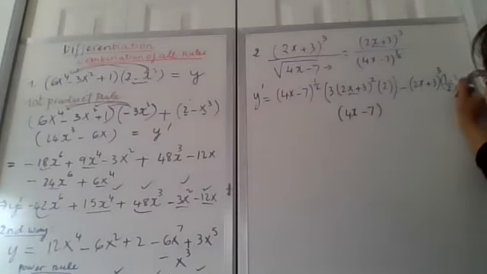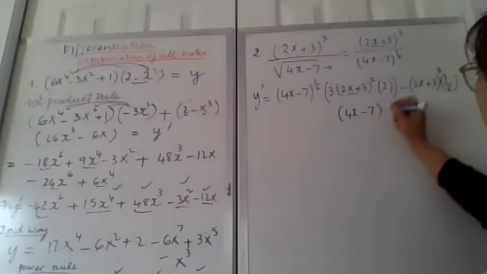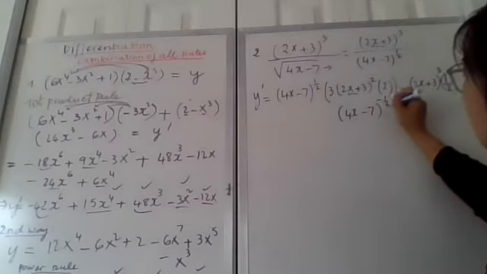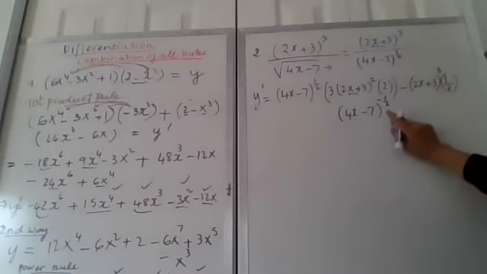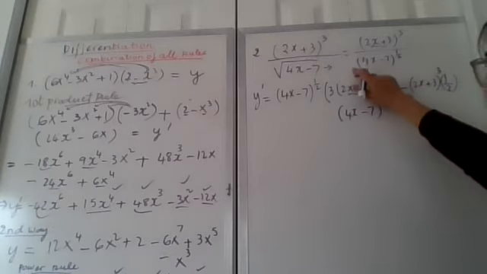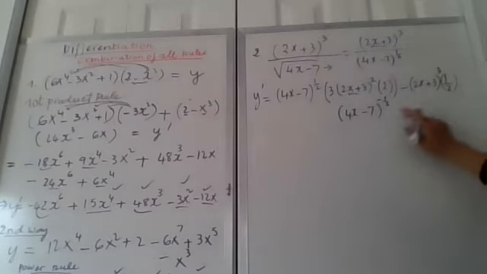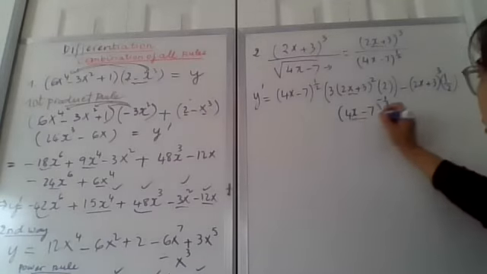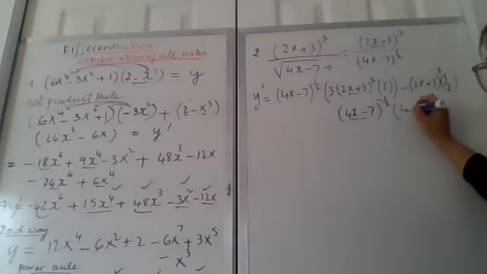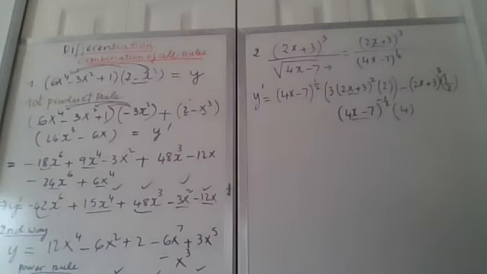So 1/2 we bring it down, times 4x minus 7 to the minus 1/2. We subtract power 1 on top, so it becomes minus 1/2. Now, the derivative of the inner function, chain rule, is times 4, right?